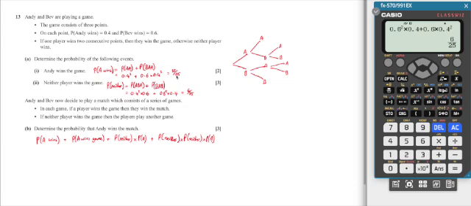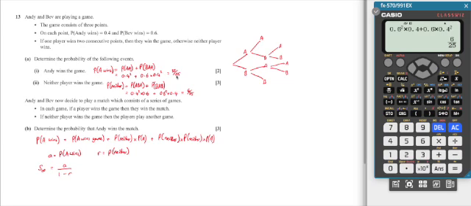So A is the probability that Andy wins that we had before, and my ratio is the probability that neither of them win. And because R is less than 1, this is an infinite series. So S infinite is A over 1 minus R.